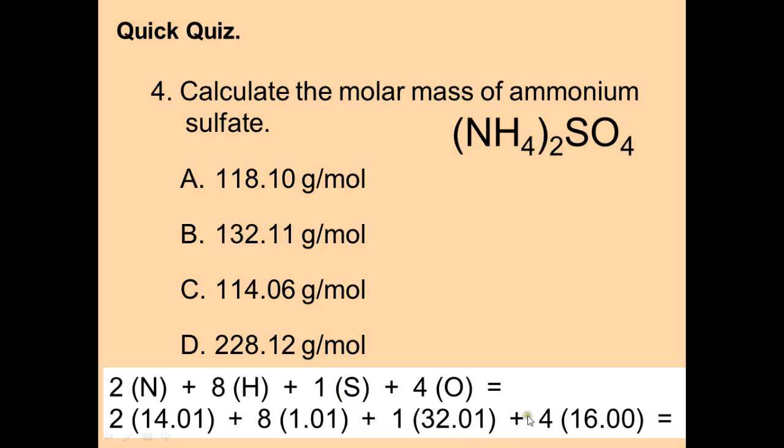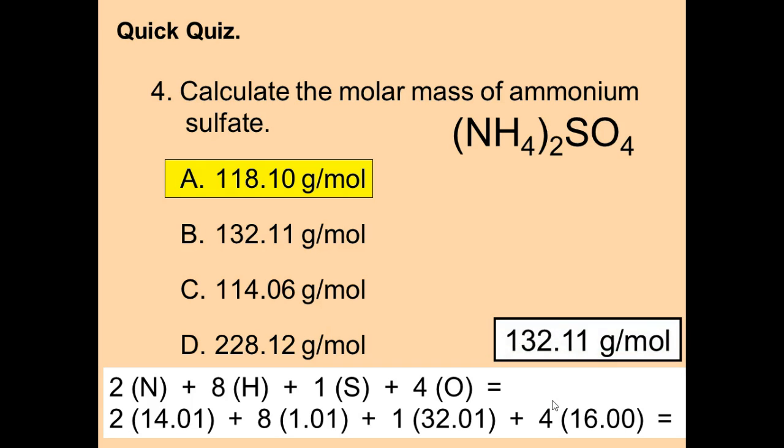And lastly, we have oxygen here, whose atomic mass is 16.00, and we multiply that times 4, and we add up these products: 2 times 14.01 plus 8 times 1.01 plus 32.01 plus 4 times 16 gives you 132.11 grams per mole, and the answer is supposed to be B, so ignore this. The answer is just B.